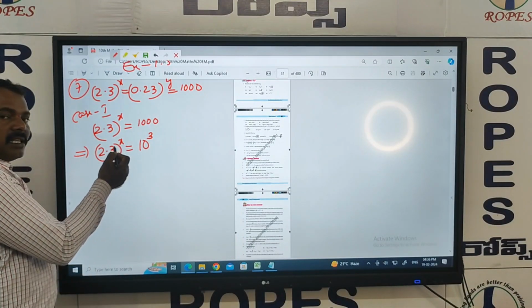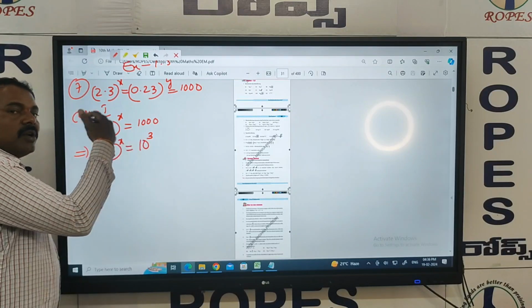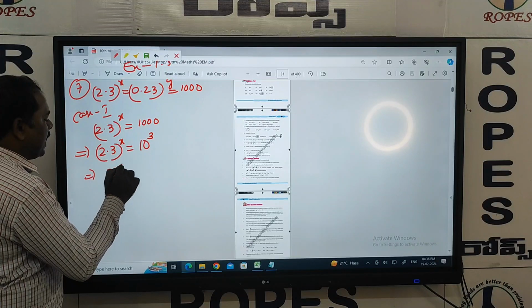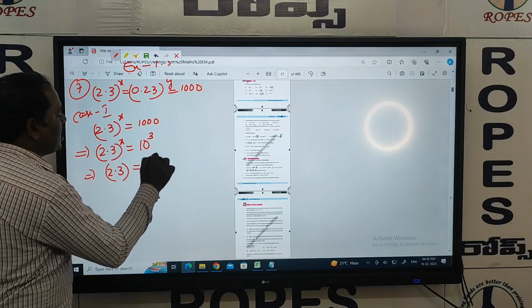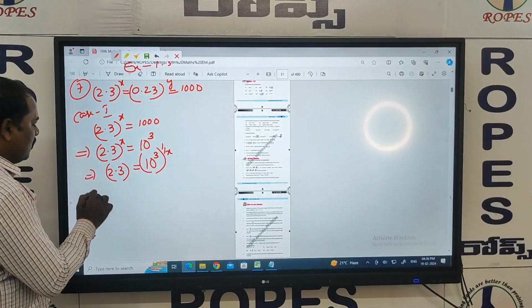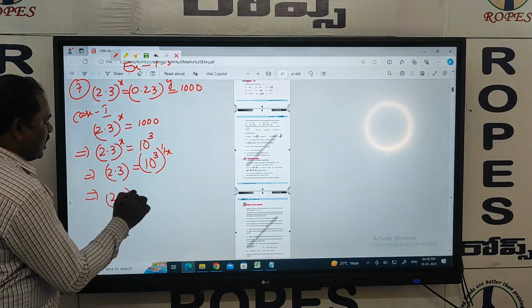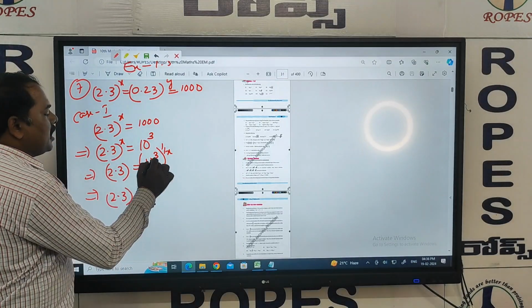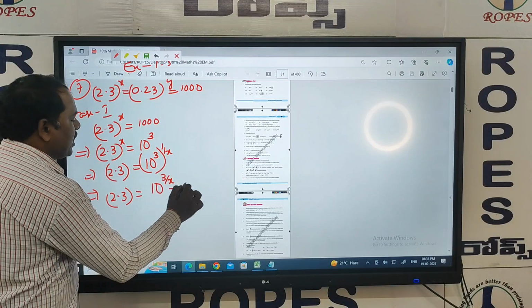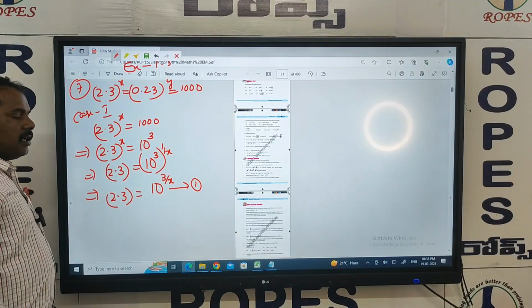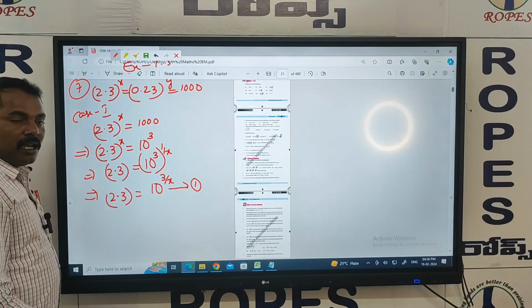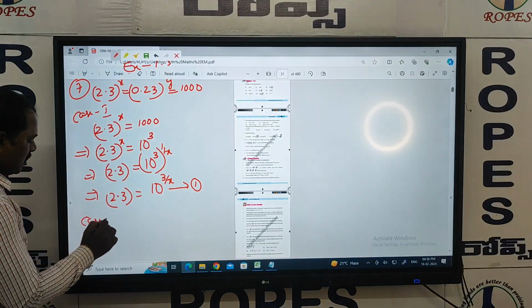So x is the power on the LHS; if it goes to the RHS, it becomes the power 1/x. So 2.3 = (10^3)^(1/x). Using (a^m)^n = a^(mn), we get 10^(3 into 1/x), which is 10^(3/x). Take it as equation 1. Now go to case 2.